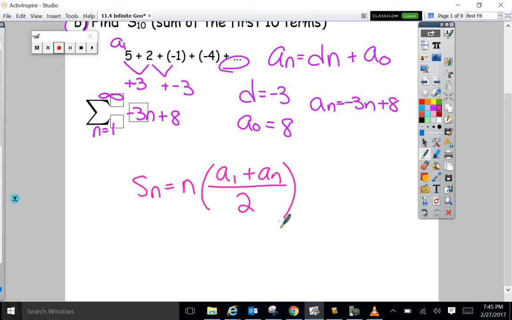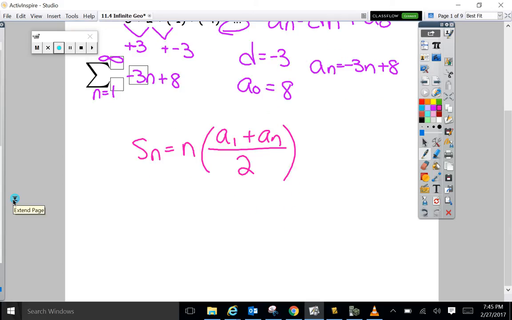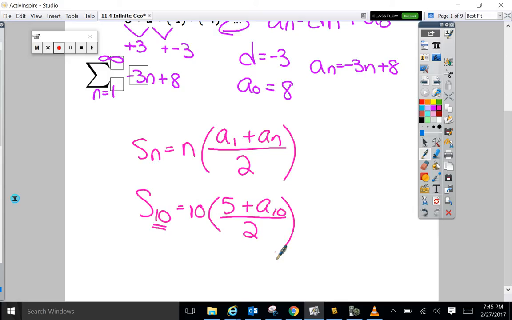A sub 1 is the first term. A sub n is, in this case, a sub 10, the 10th term, because I want the sum of the first 10 terms. So wherever I have an n, I'm going to substitute in a 10. So 10, a sub 1 was equal to 5. We want a sub 10 there, divided by 2.